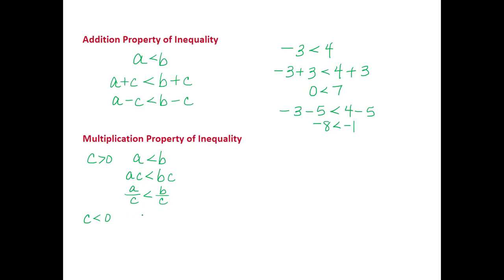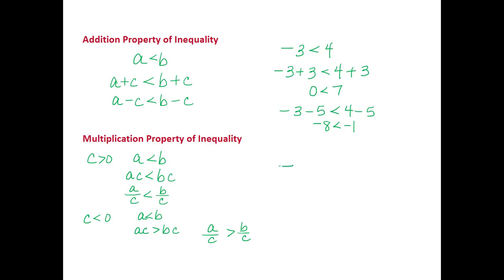So if A < B and C is a negative number, then A times C > B times C, and A divided by C > B divided by C.